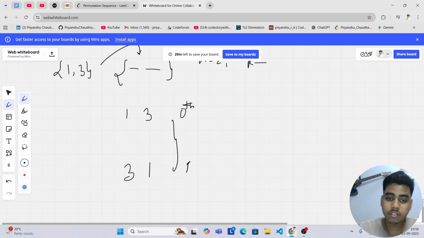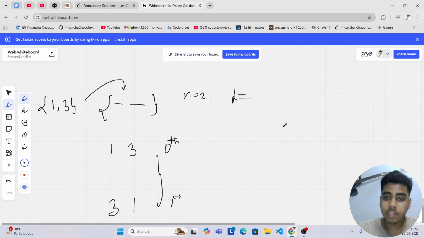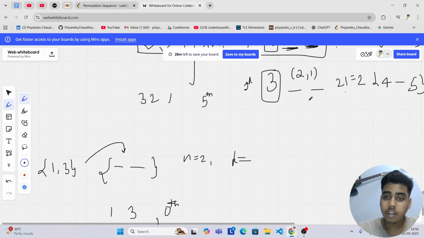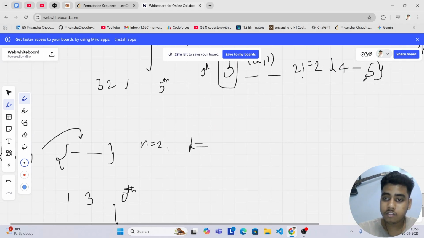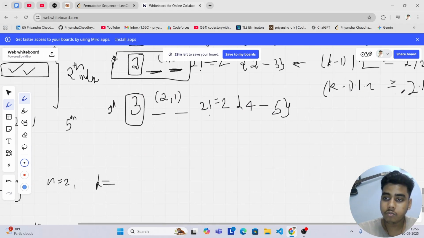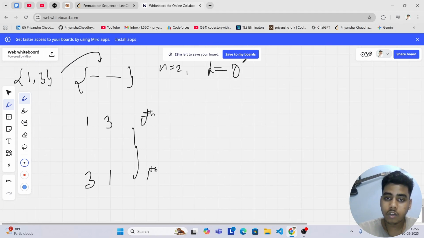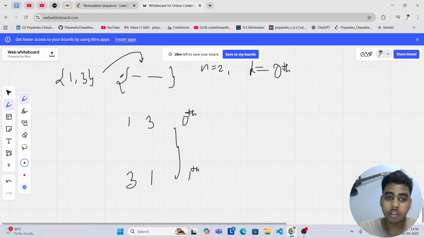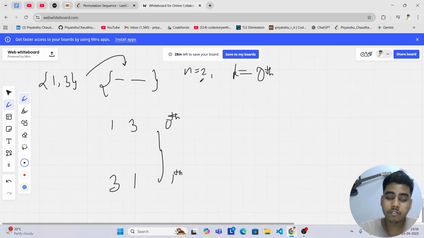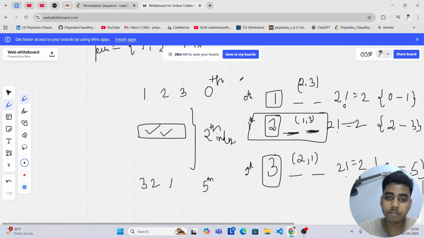This will be my 0th and this will be my 1th. So now I have to find the k minus 1 modulo 2 element inside this block, which means the 0th element here. So this is a similar question to the one we have just done.